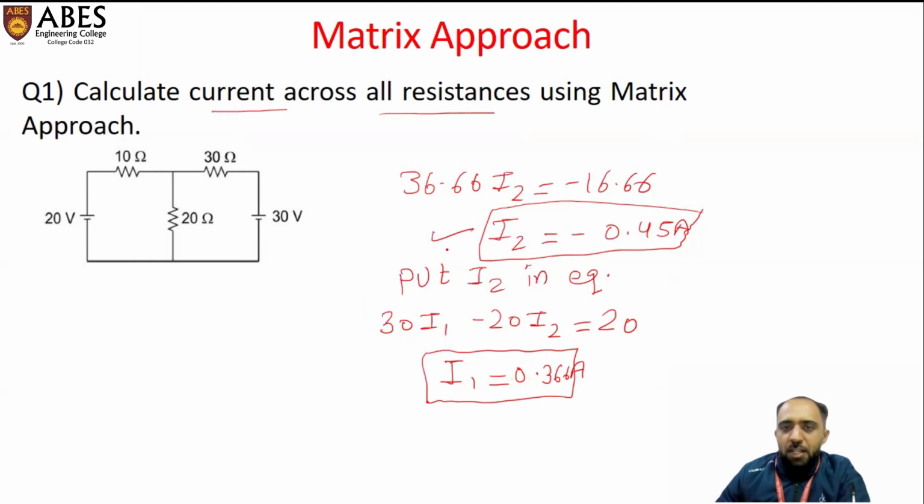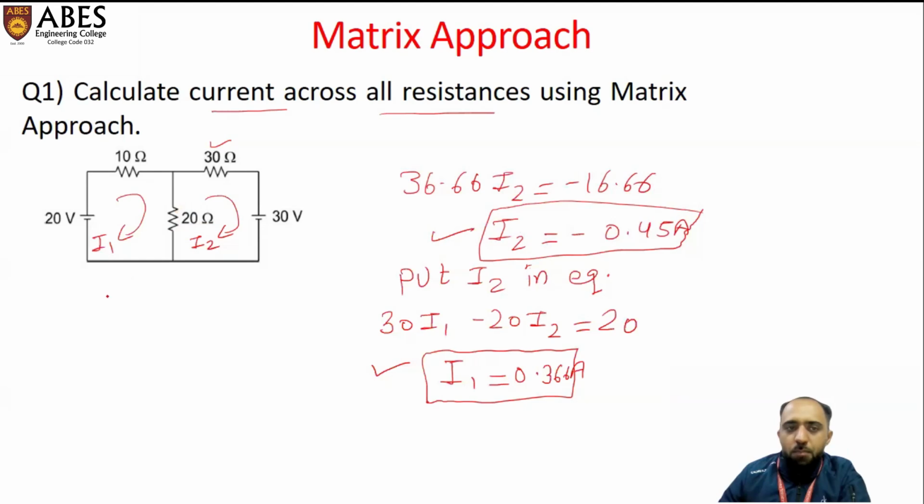So with the help of the matrix approach, we got the answers I1 and I2. We got I1 and I2 across all the resistances. So in 10 ohm, I1 current is flowing. In 30 ohm, I2 current is flowing.